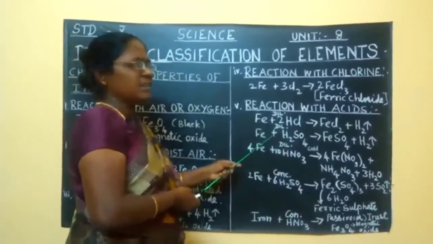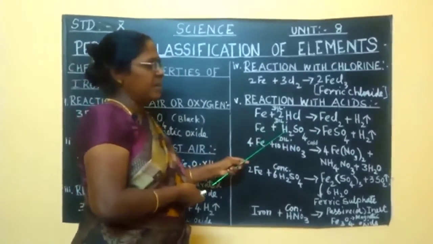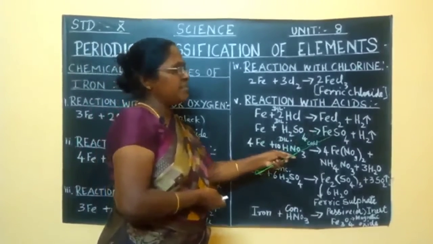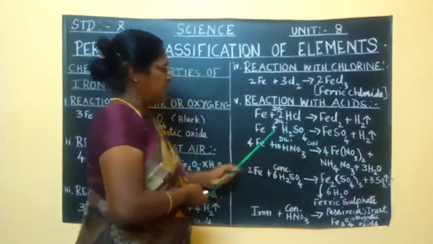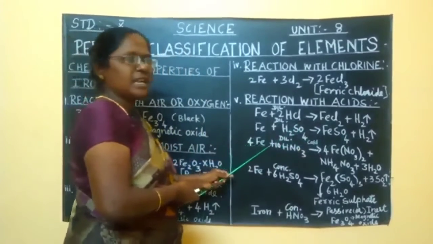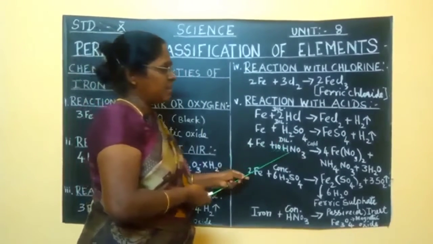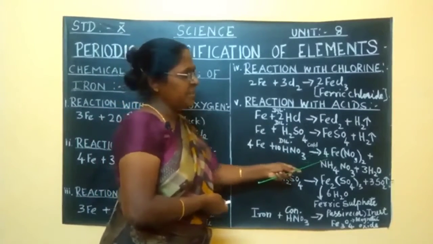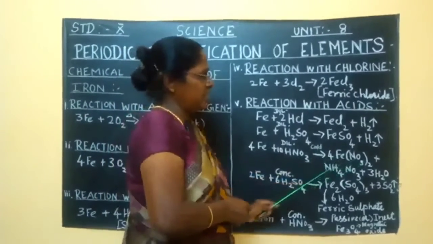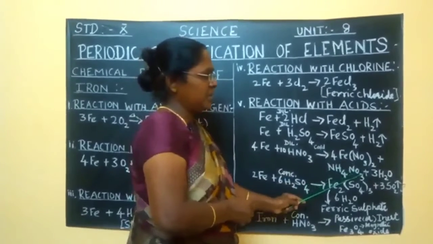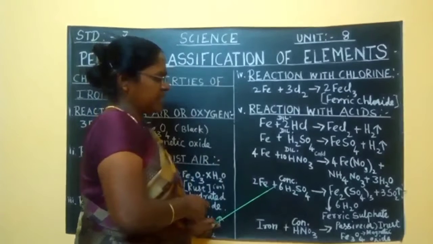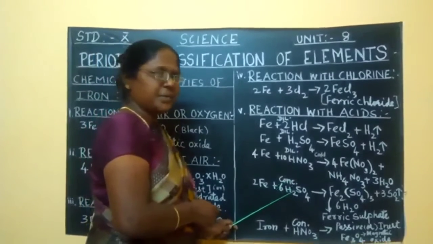Iron is reacting with dilute sulfuric acid. Here it is producing ferrous sulfate plus hydrogen. Next, iron is reacting with dilute nitric acid in cold condition. It is producing Fe(NO3)2 plus NH4NO3 plus H2O. Next, Fe is reacting with concentrated sulfuric acid.